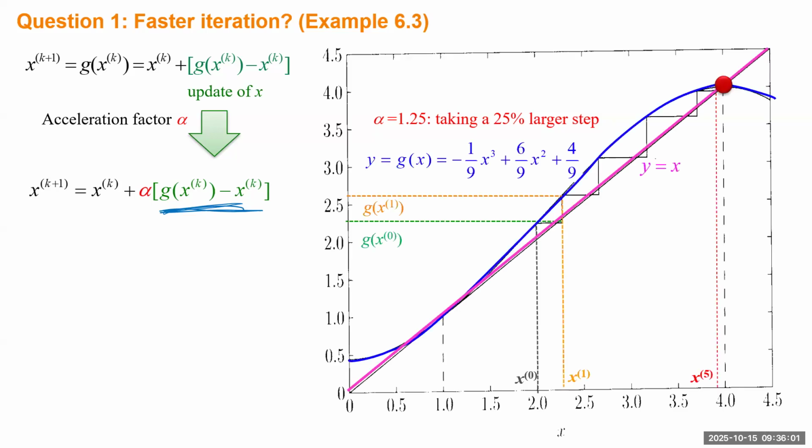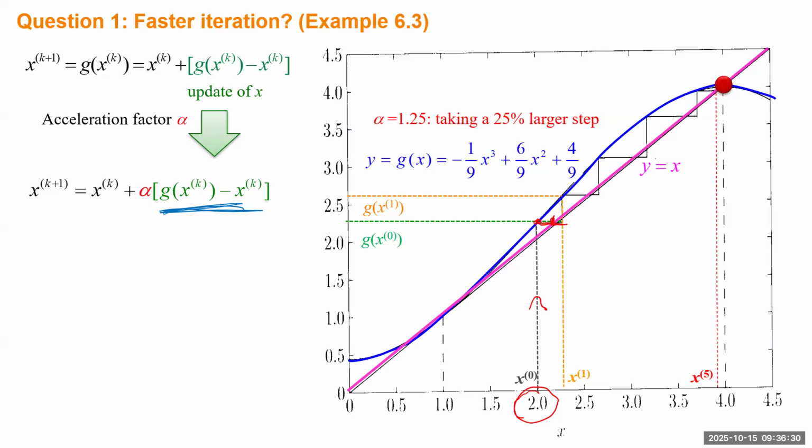We still use the same case to visualize what happened. Right now, each time we update from the initial estimate, we start from 2.0. We still draw the vertical line to intersect with this blue curve at this point. This is exactly the same. Then when we draw the horizontal line, we don't stop at the magenta line.